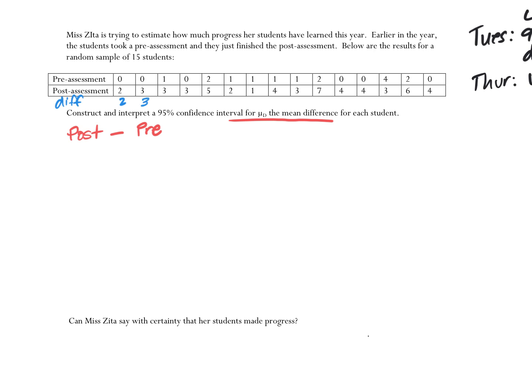For the next student, that 3 minus 1 would be 2. So we're basically saying what happened to their score. If we do post minus pre, then if it's positive, their score went up. And if it was negative, their score would go down. Everybody good? So let's go through and do that for each student here.